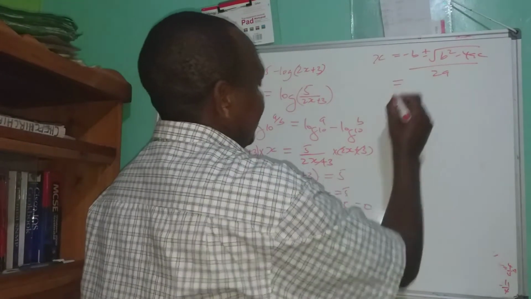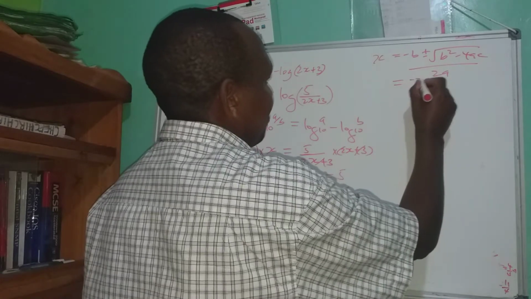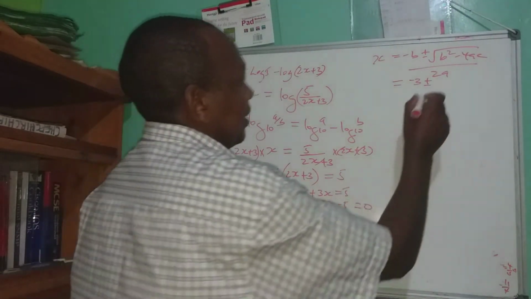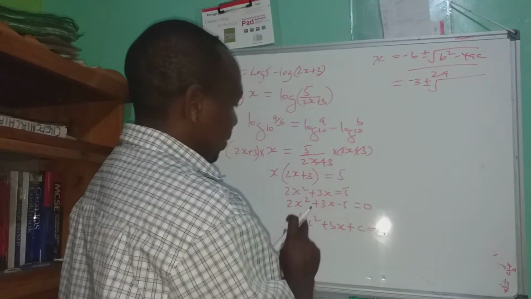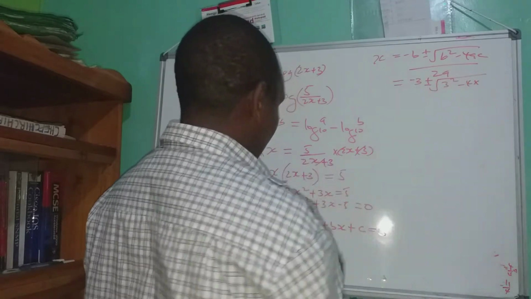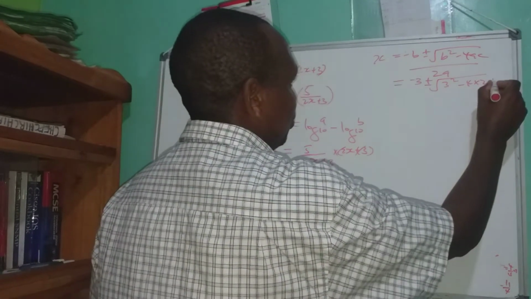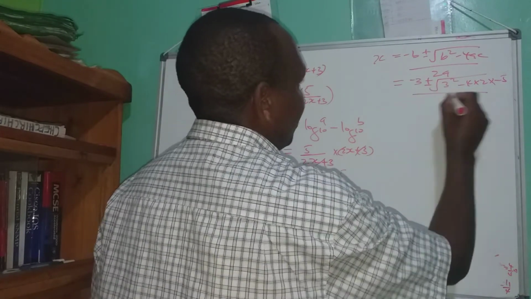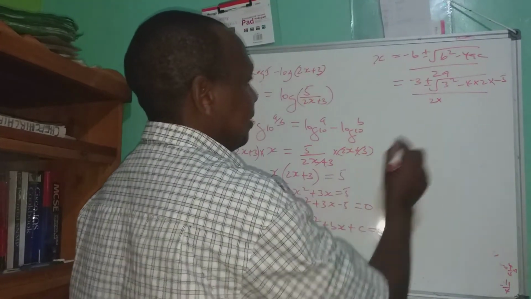So we can replace b by negative 3 plus or minus. You can see that it has two solutions. Square root of b squared, b is 3, so 3 squared, minus 4 multiplied by a, which in this case is 2, multiplied by c, which is negative 5. All divided by 2 multiplied by a, which is 2.